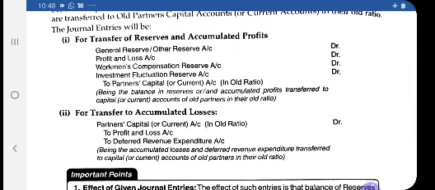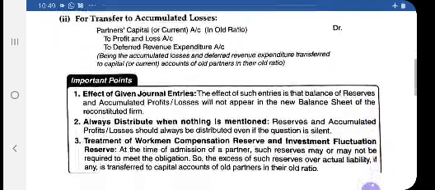This entry is required to be passed at the time of admission of a new partner if such items appear in the balance sheet. These items affect only the partners' capital accounts, and in the new balance sheet these items will not appear. Some important points: what will be the effect of the given journal entry?